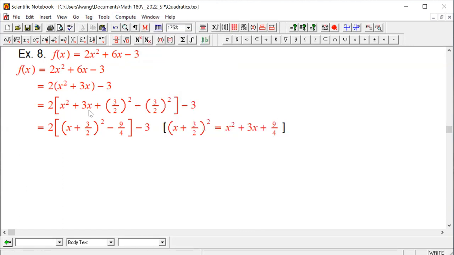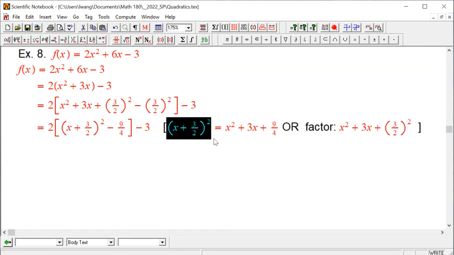You should get x squared plus 3x plus 9 over 4. Or, this is not the only way, you can factor. In this case, factoring doesn't seem to be easier. You can factor that, and you should still get the same thing, x plus 3/2 squared. So I leave that for you. Just pause the recording and try yourself.